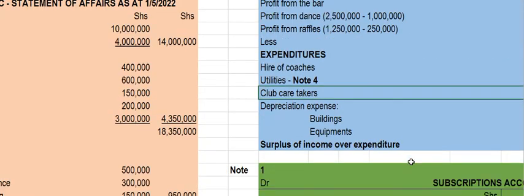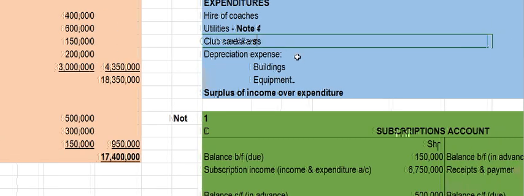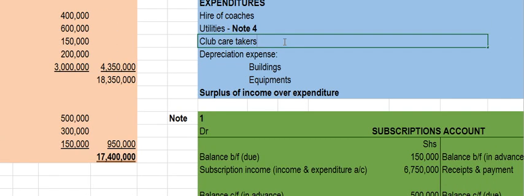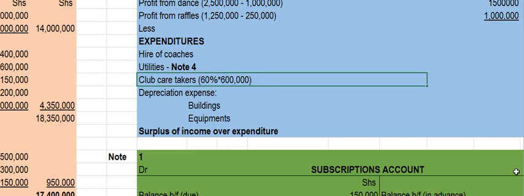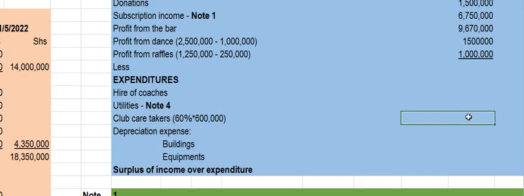Club caretakers wages. Of course, this will be 60% times 600,000, because 40% was taken for the bar trading account. What is this 60% of 600,000?